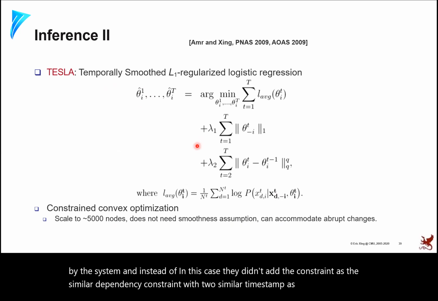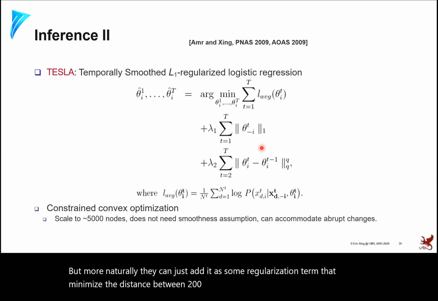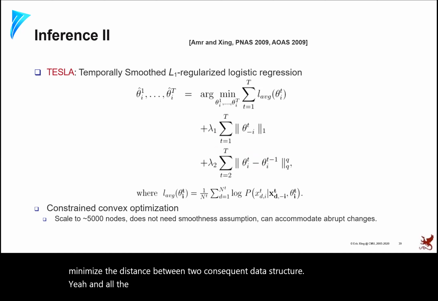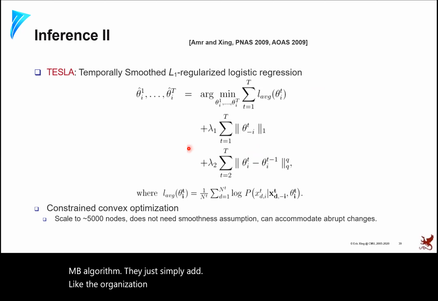More naturally, they just add it as a regularization term that minimizes the distance between two consequent structures. All the other things are exactly similar. This part is exactly similar to the previous algorithm. They just simply add the regularization to penalize the distance of two consequent structures.